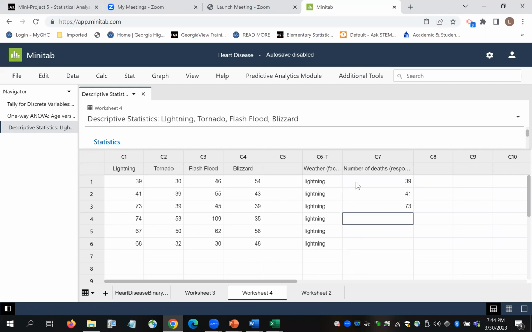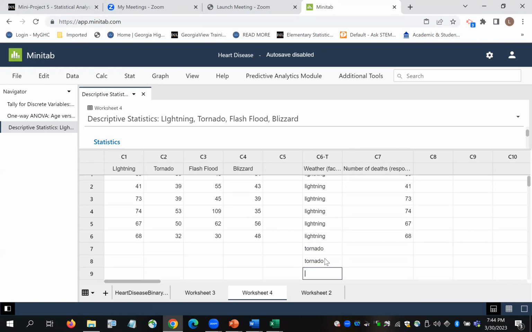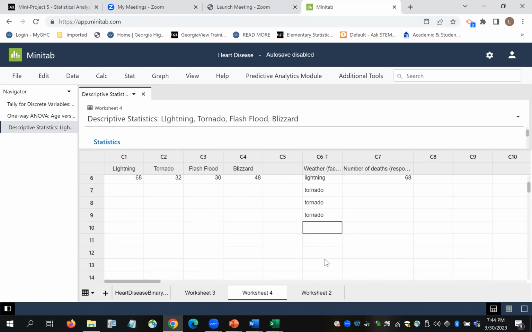You put the weather and then the corresponding number of deaths. Then I have tornado, with 6 values, and I enter the values for tornado. We're combining, instead of 4 columns, into 2 columns.